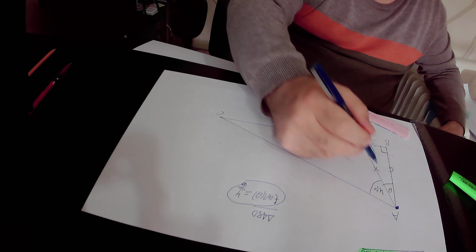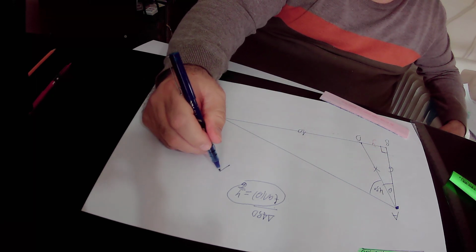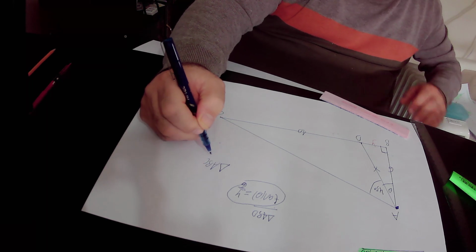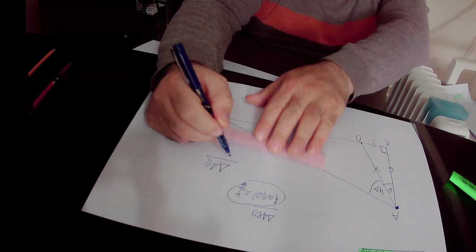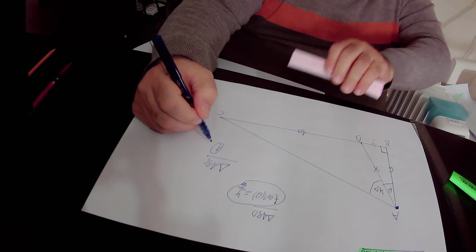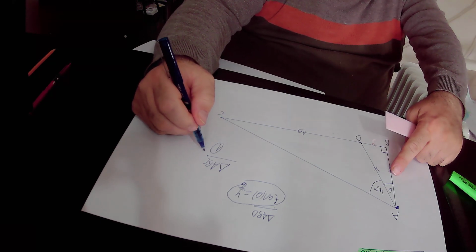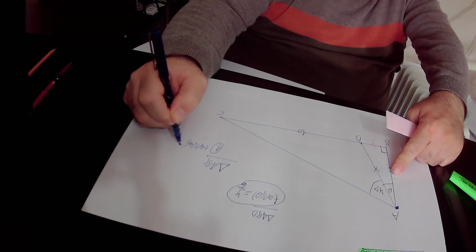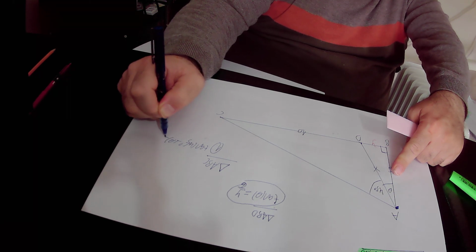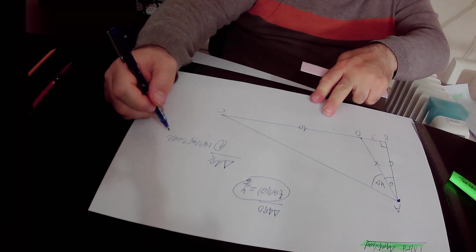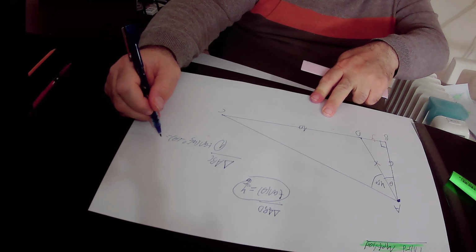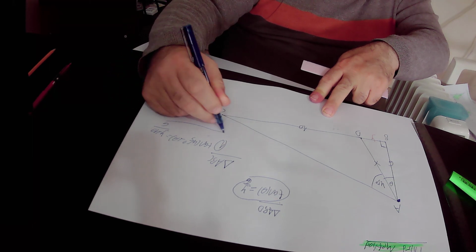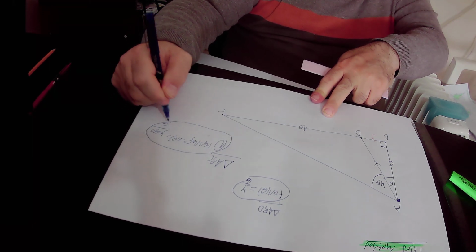And if we focus on the right triangle, triangle ABC, in this right triangle, we will get that tangent of 45 degrees plus theta is equal to y plus 10 over 6. Okay?